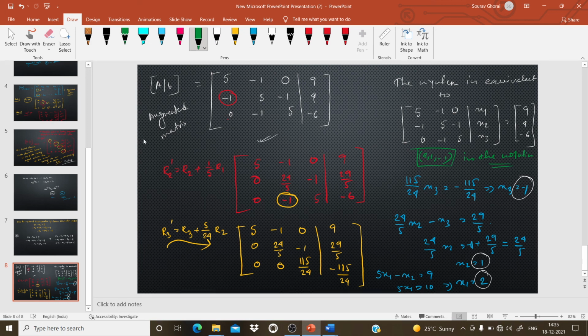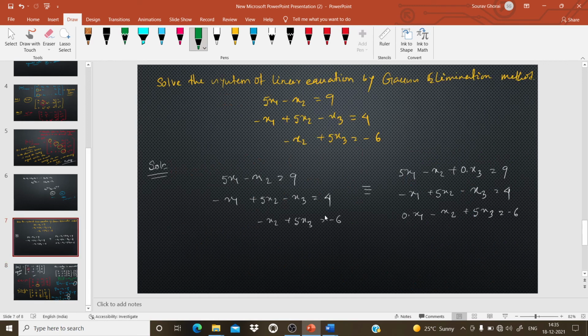And always remember one thing: by the Gauss elimination method we can find the solution of the system of linear equations where the coefficient matrix A is always non-singular. Here I am showing you that if you construct the matrix [5 -1 0; -1 5 -1; 0 -1 5] and find its determinant of A, you can check that it is not equal to 0.